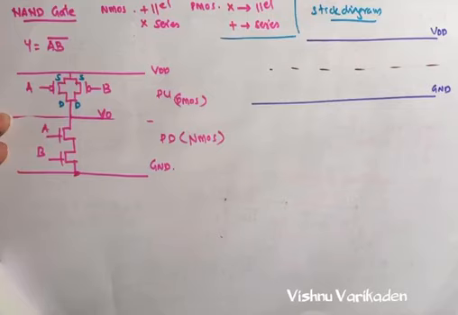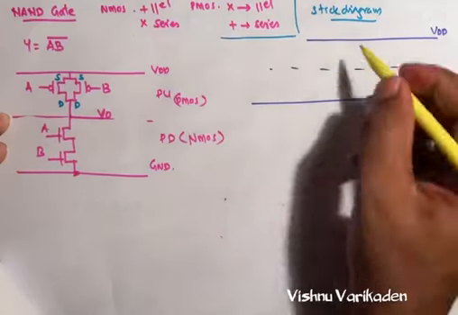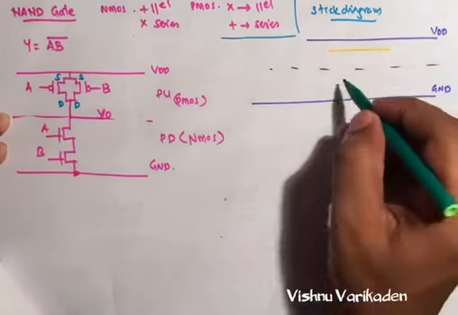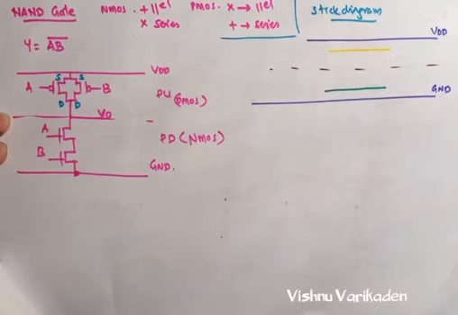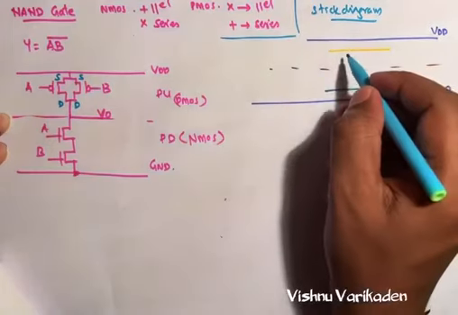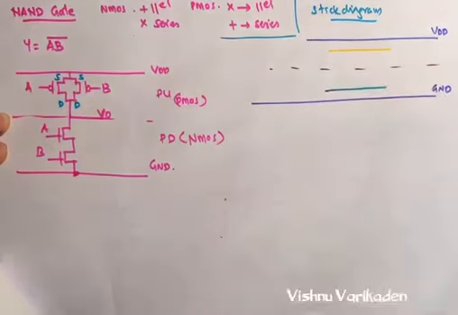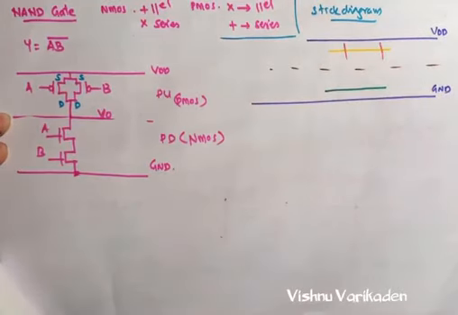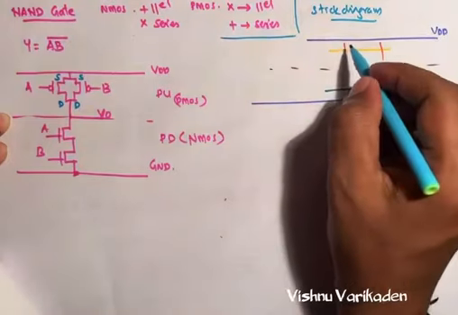So first we will write the PMOS. The next one is we can make green for NMOS, yellow for PMOS, green for NMOS. So we can make the terminals. There is a source here.